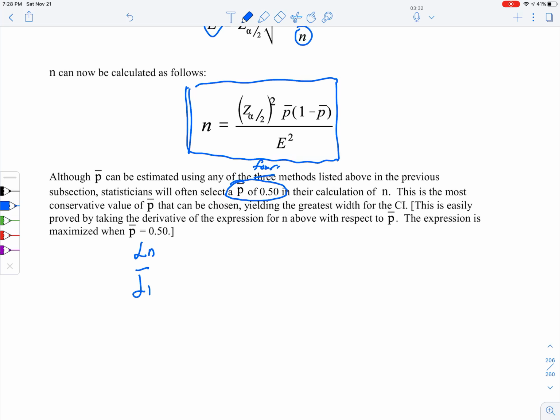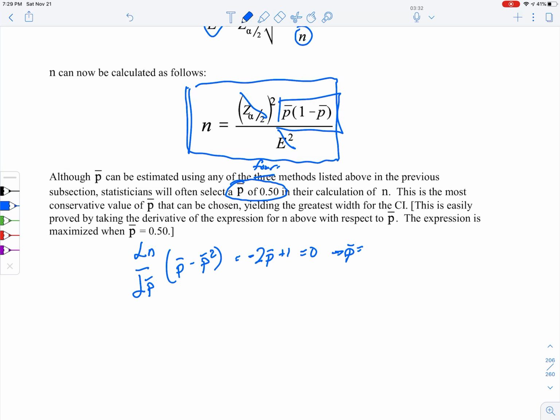But what I would like to do is to take the derivative of n with respect to p bar. These guys are just constants, so really it's this part that we're talking about here. That's going to be equal to the derivative of p bar minus p bar squared, and the derivative of that turns out to be minus 2p bar plus 1.